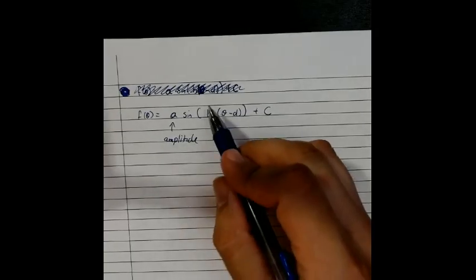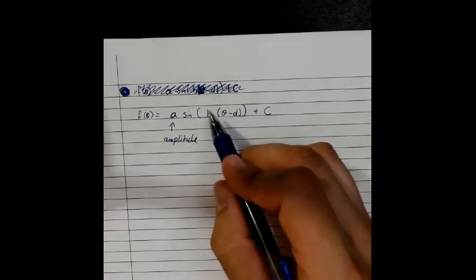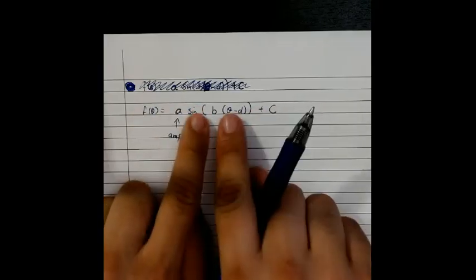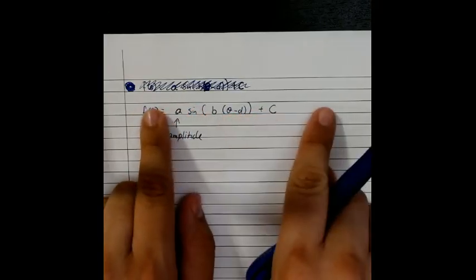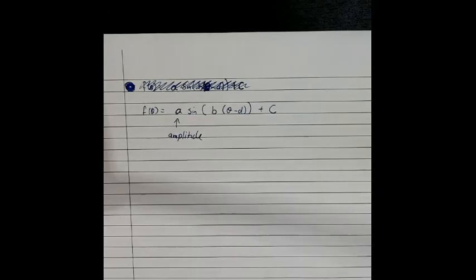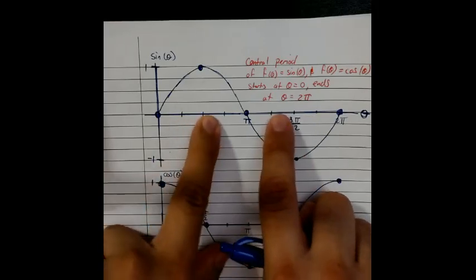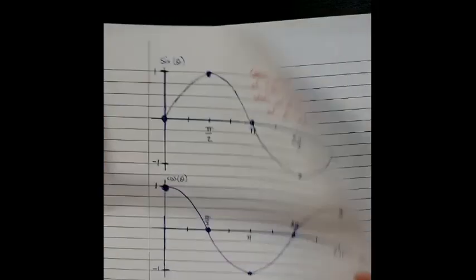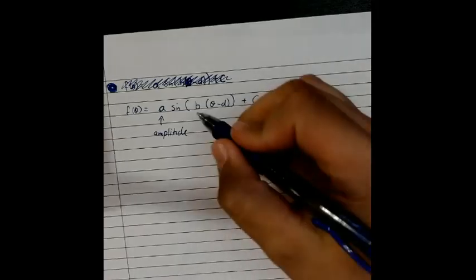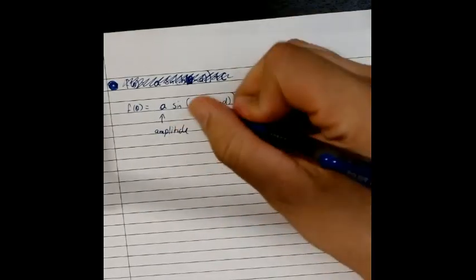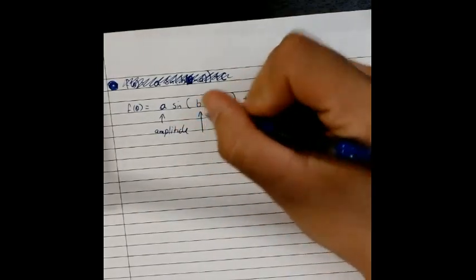This value of b is going to cause a dilation, and it's a dilation horizontally. In other words, it's going to make the wave wider or more narrow. It's going to take these endpoints and either bring them closer together or stretch them further apart. How much? This value tells you the length of your new period.